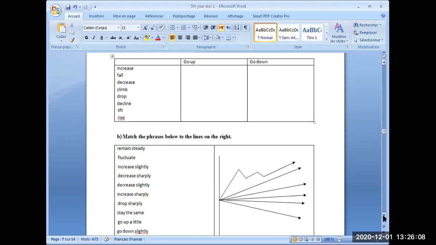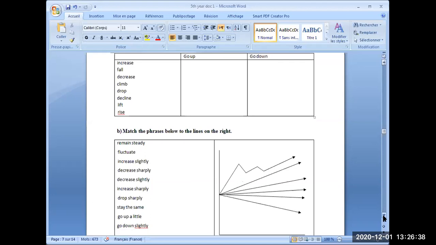Of course, you add to these verbs adverbs making a clearer interpretation. So you can say fall steadily, fall rapidly, fall steeply, okay? So fall, decrease, drop, decline. Okay.